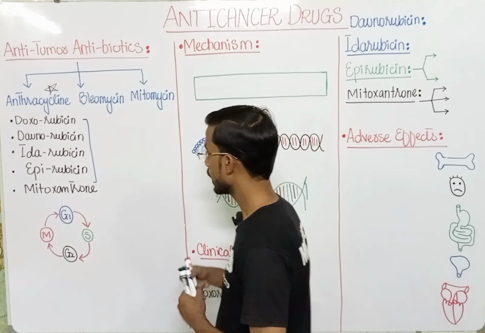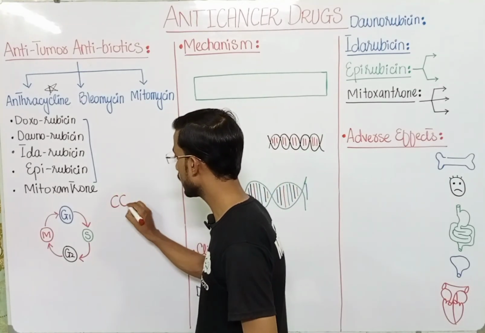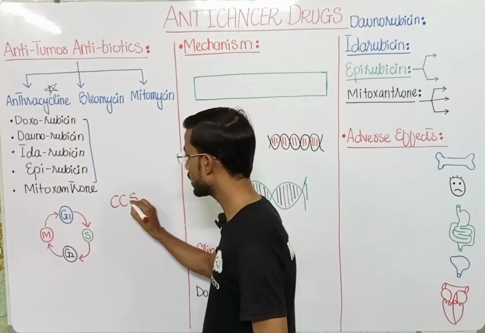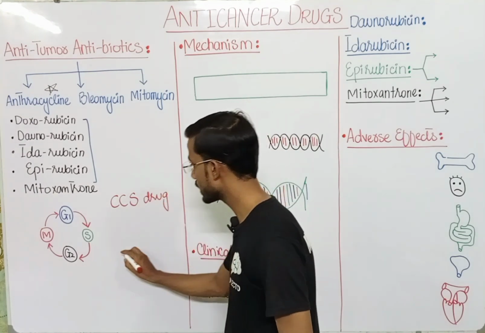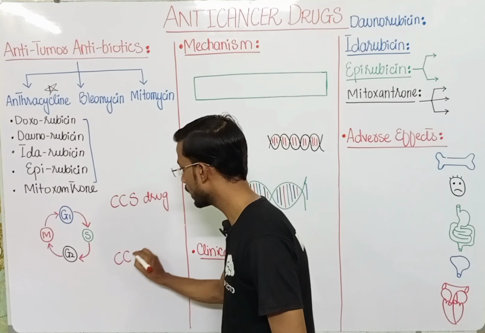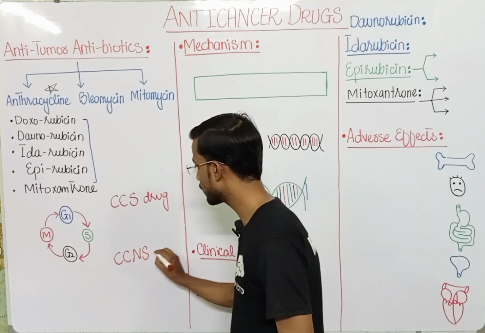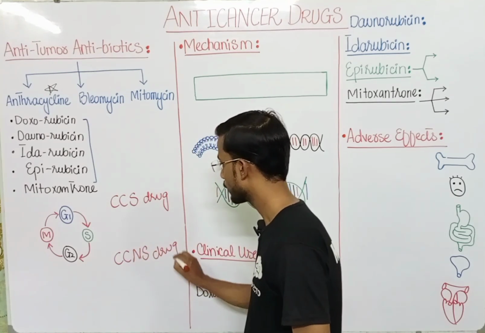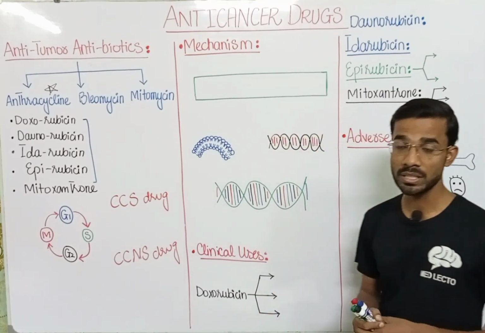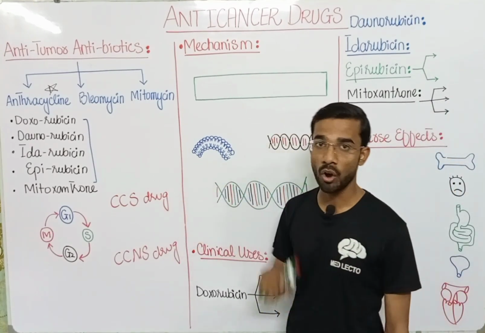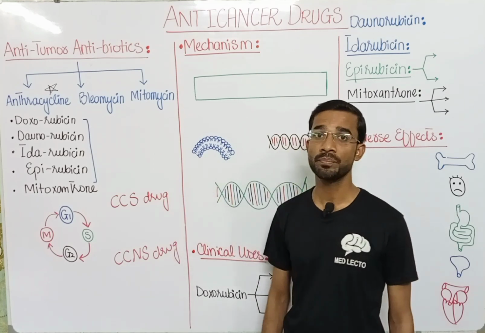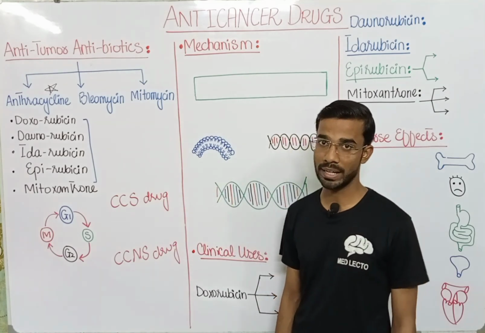First one is the cell cycle specific drugs. And second is the cell cycle non-specific drugs. So actually there is a difference between how different drugs, specific and non-specific, will act in the dividing and the non-dividing cell.